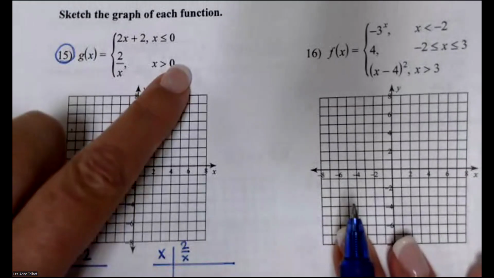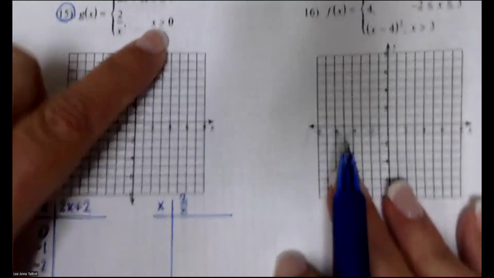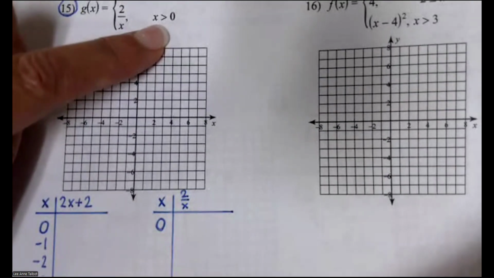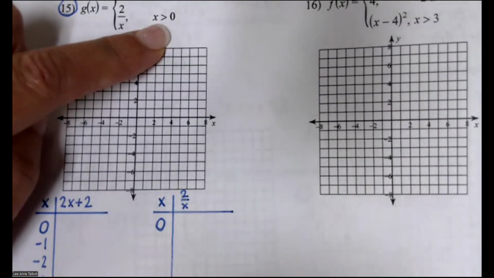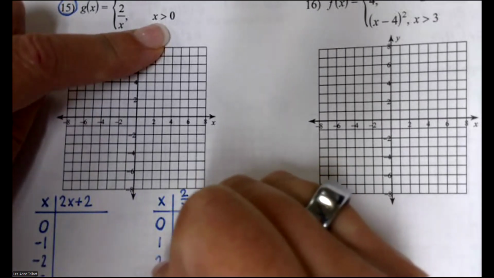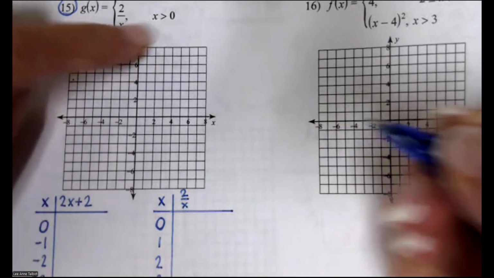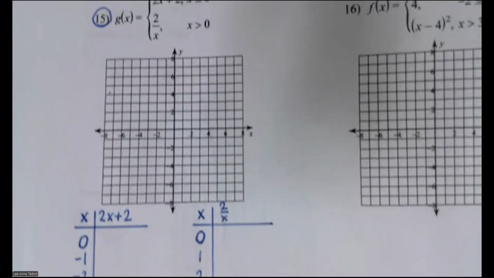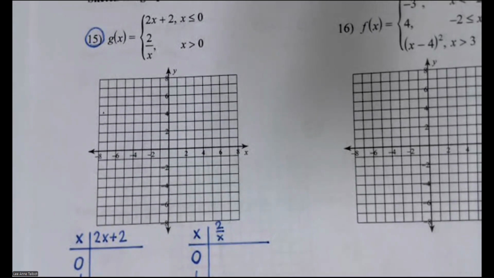Now this one says x is greater than 0, but you're still going to start your table at 0. Just trust me. The boundary is 0, and then you go in the greater than direction. That's the hard part, figuring out the x's.